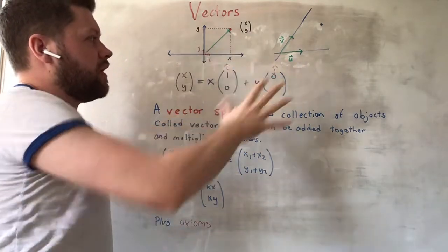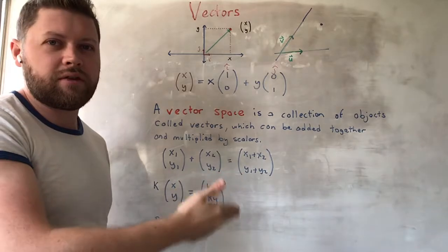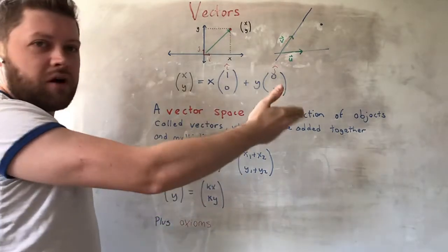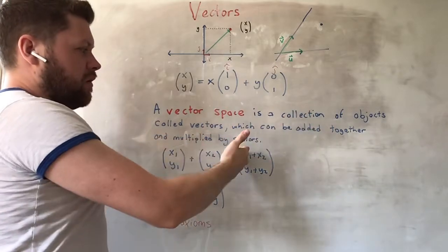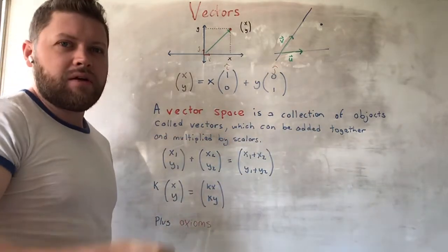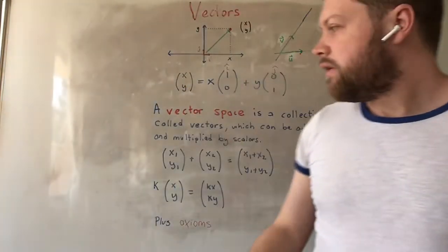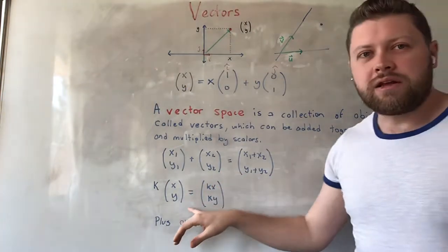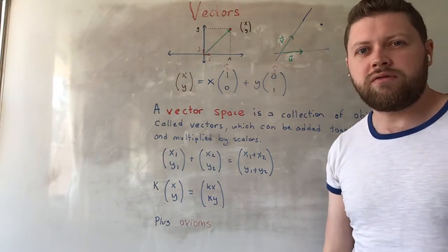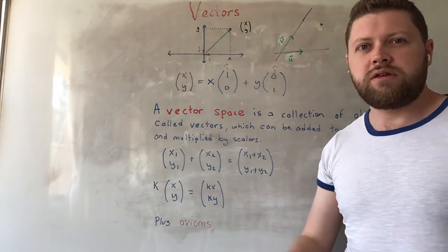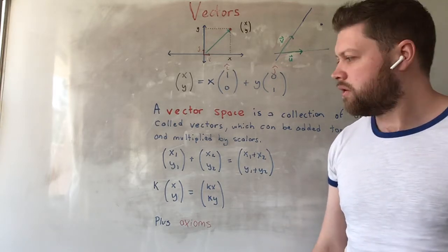But the whole idea of vectors gives rise to the idea of a vector space. Okay, this is a collection of objects which we call vectors, which can be added together and multiplied by scalars. So basically, vector algebra involves only adding vectors and scaling them, okay, plus a certain number of axioms like commutativity, associativity, the existence of an inverse, the existence of an identity element, and so on.